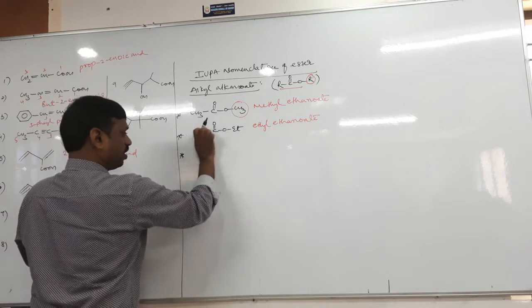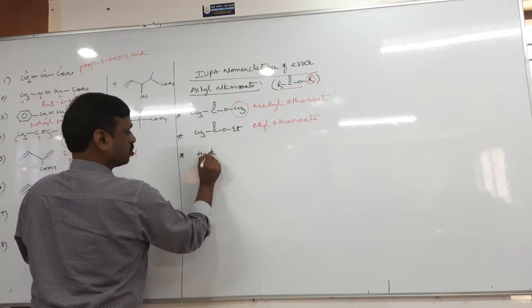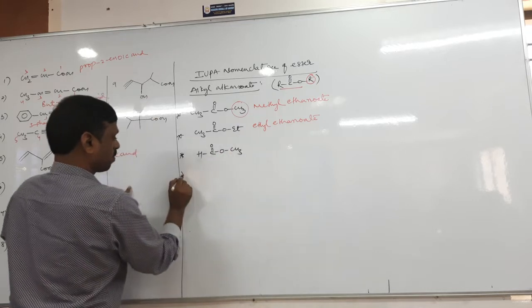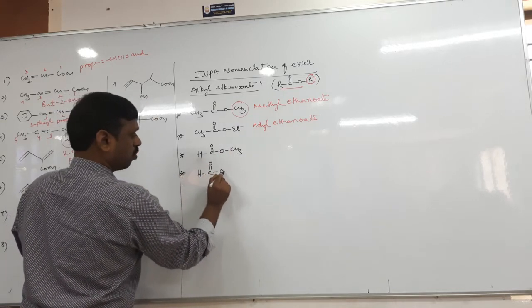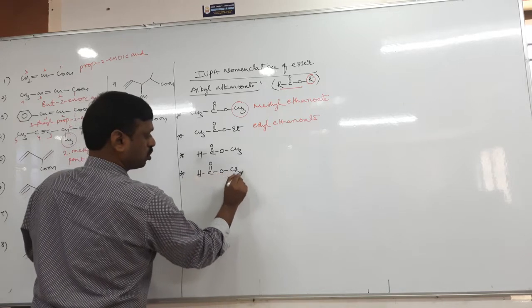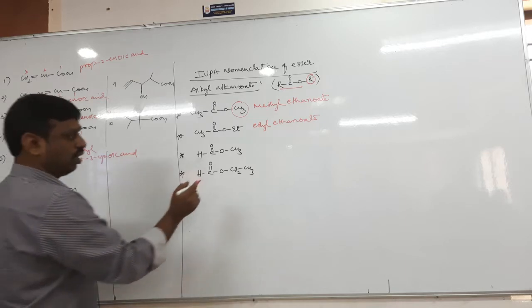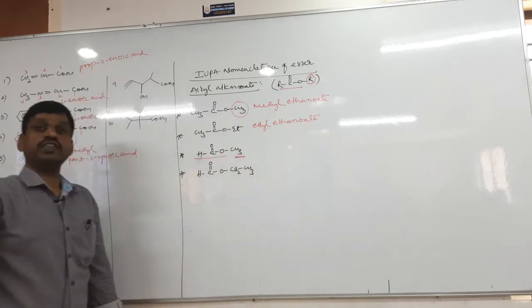Next, if it is HC double bond OCH3, and HC double bond OCH2CH3. Tell me. It is a methyl, the remaining part is methanoate.